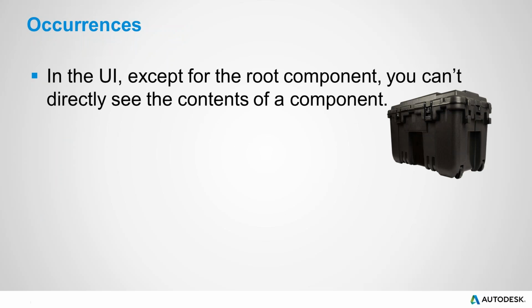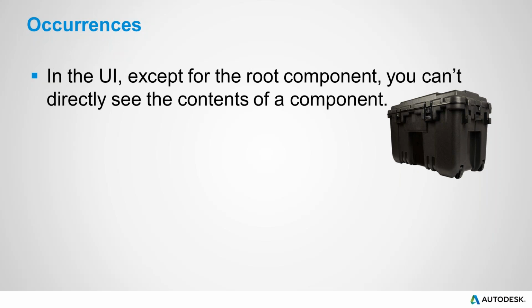And so instead, what can be moved is something called an occurrence. And in the UI, when you're looking at data inside a Fusion model, the data you're seeing is either data that's in the root component or it's data that's in some other component. And if it's in another component, you don't directly see that data. So it's like this opaque container.